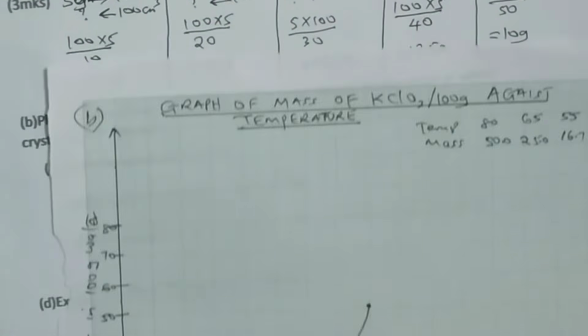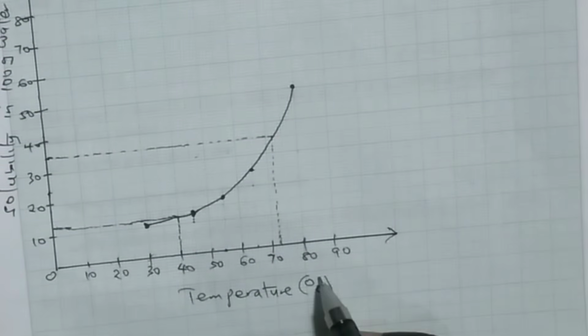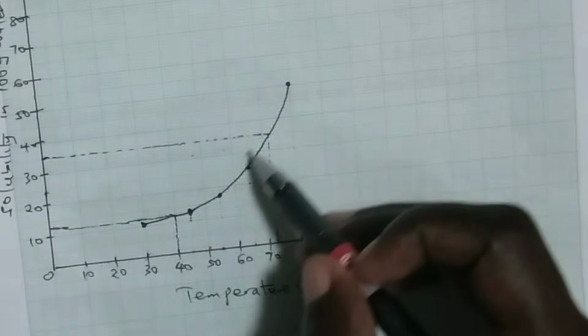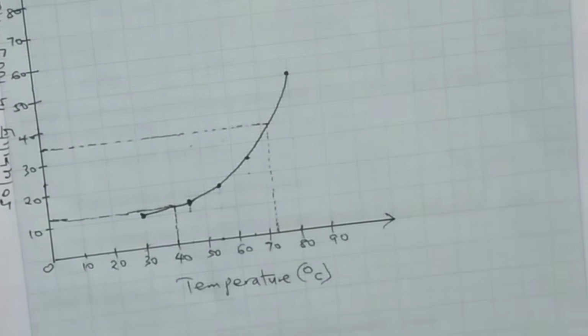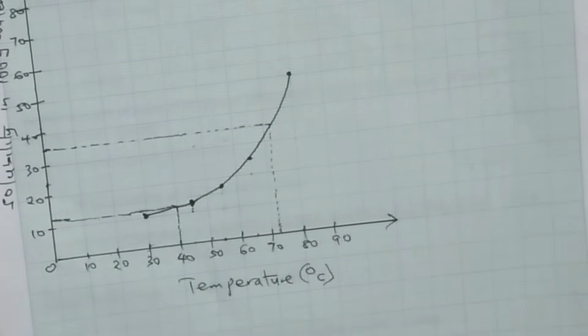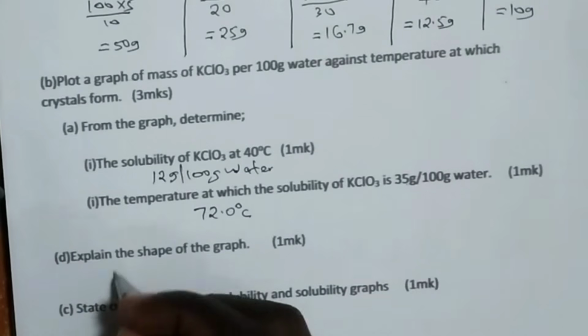If you look at this graph, you realize as the temperature is increasing, the solubility of potassium chlorate also increases. That means with the increase in temperature, we have more potassium chlorate dissolving.